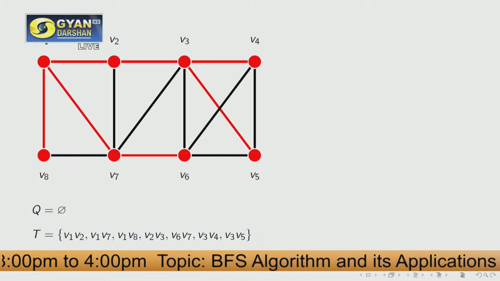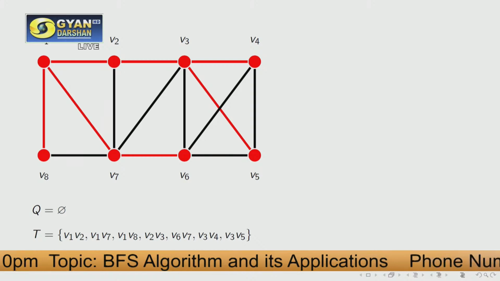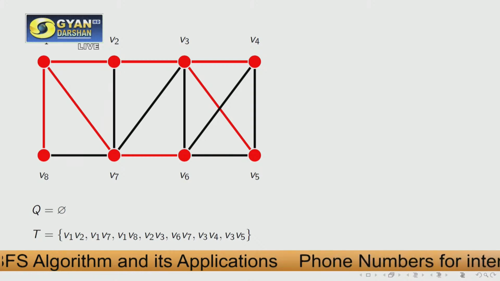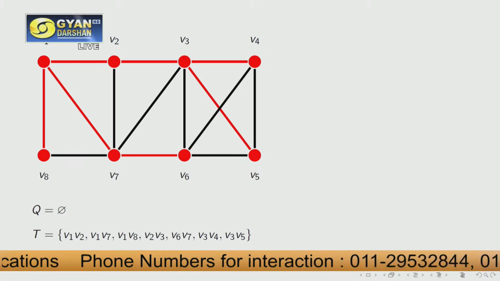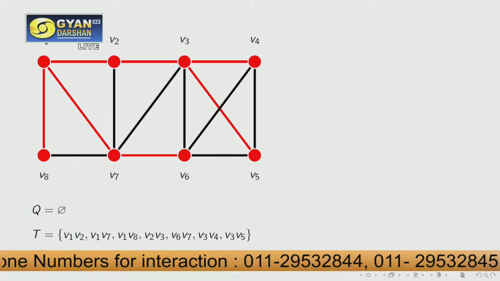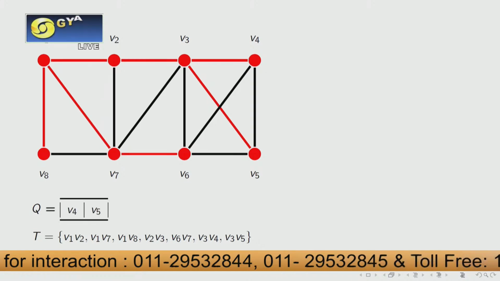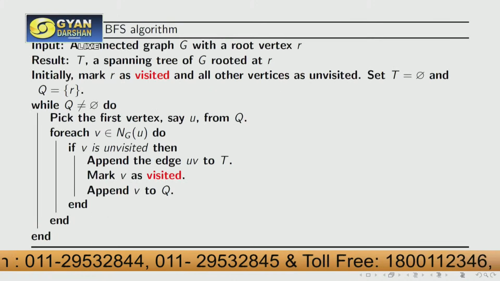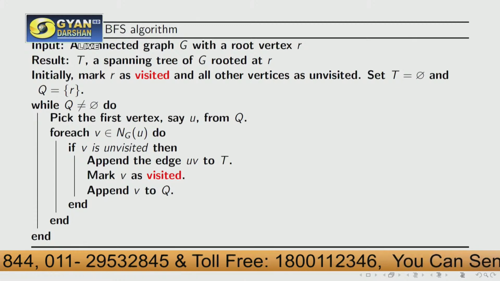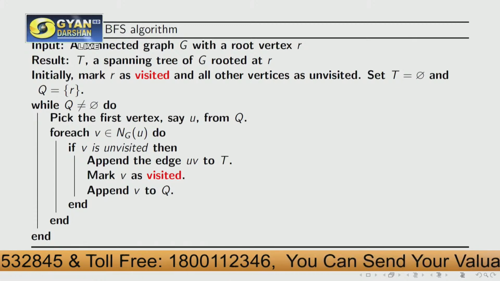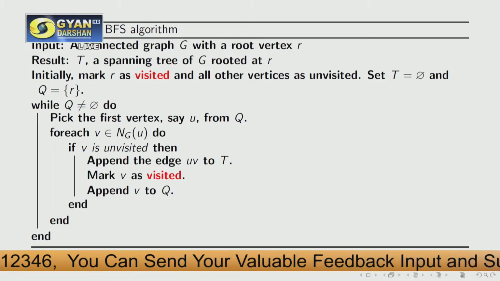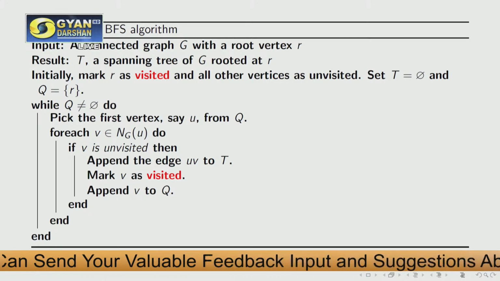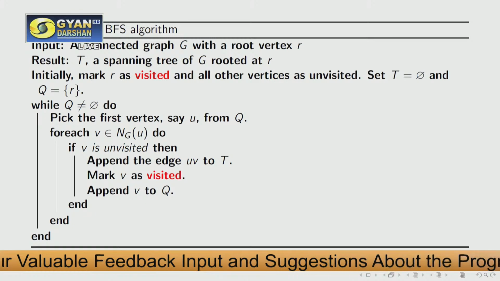So the idea is very simple. Let's look back at the general framework of the BFS algorithm before we come to some other applications. The general framework contains one initialization step and one main loop.